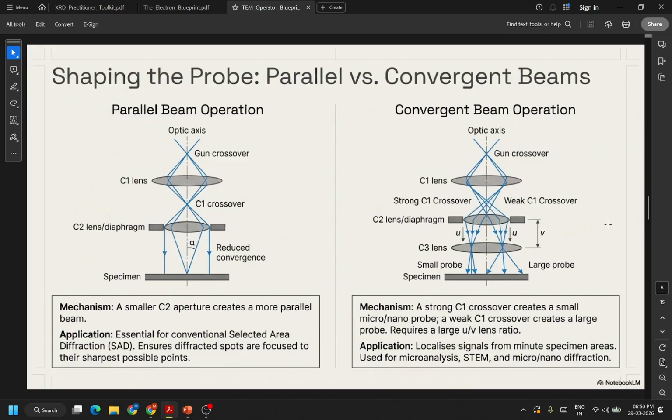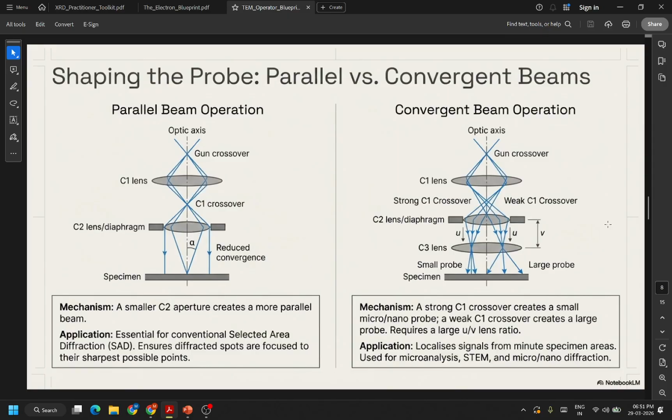And for a convergent beam, you need a strong C1 crossover to create a smaller probe and a weak crossover to create a large probe, and it requires a large U by V lens ratio.